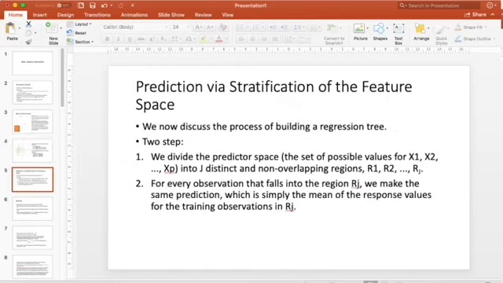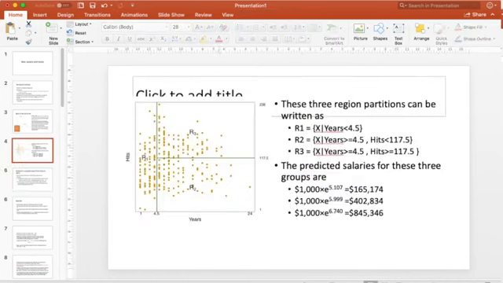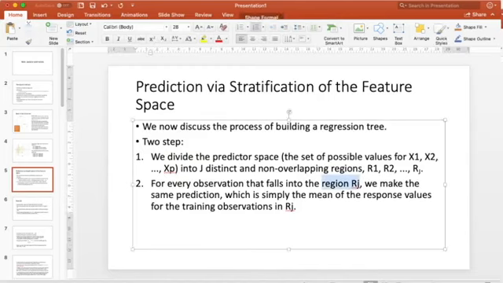And then we divide into j distinct and non-overlapping regions. So here we have 3 distinct and non-overlapping regions. And for every observation that falls into the region Rj, we make the same prediction, which is simply the mean of the response values for the training observations in Rj.